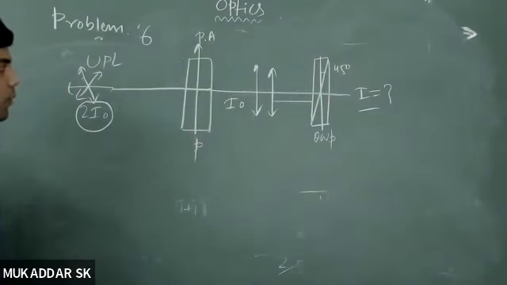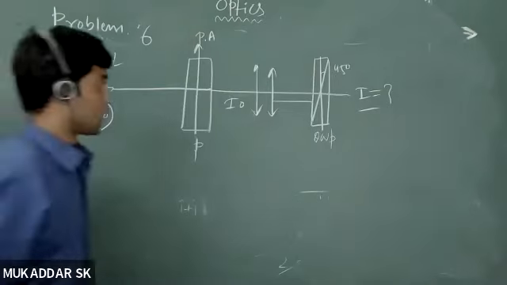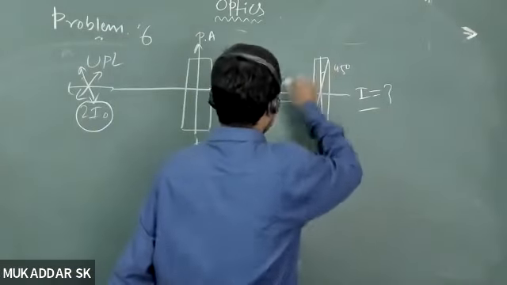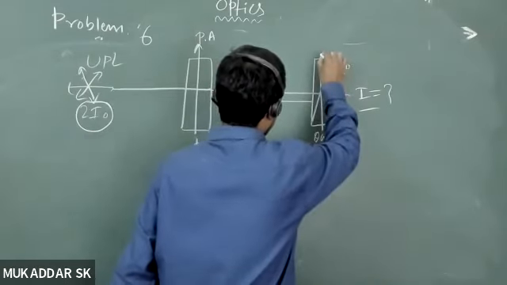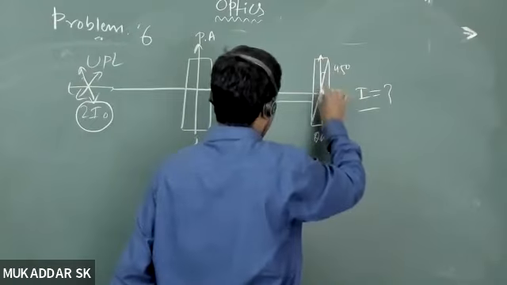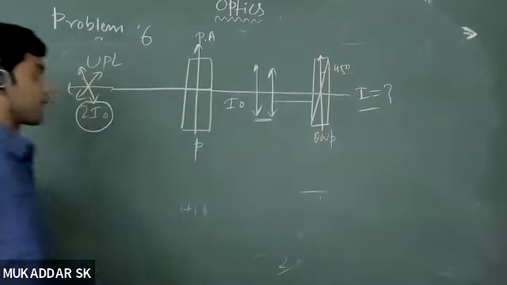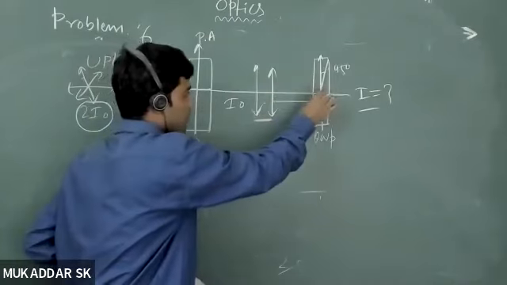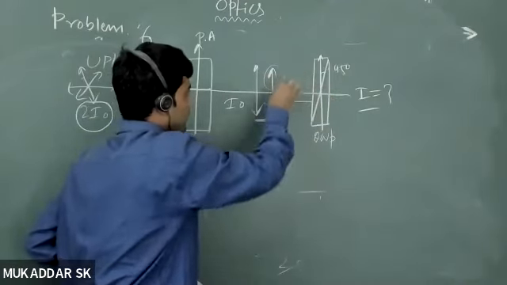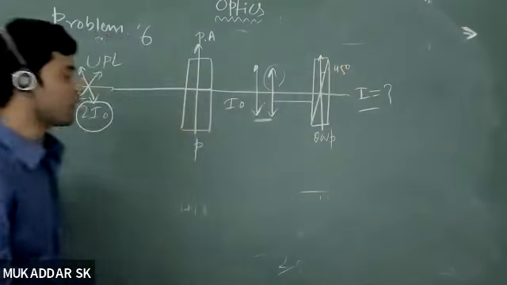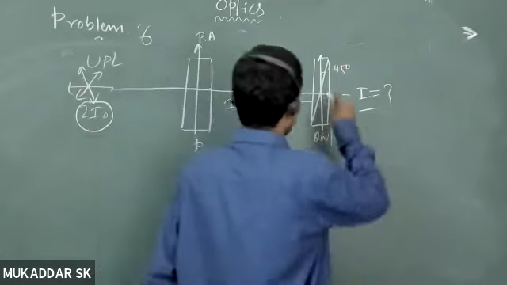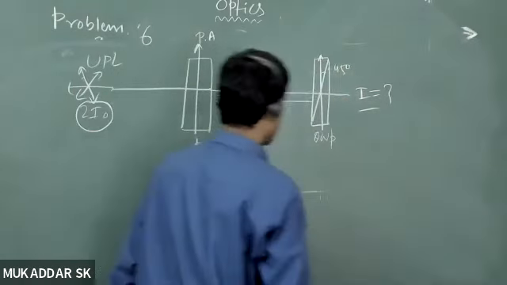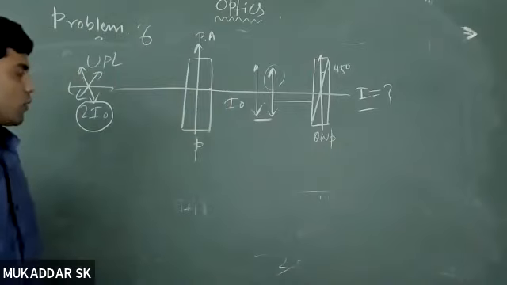Now, when this ray is incident on this quarter wave plate, what will happen? It will split into two components, right? If you see carefully, the angle between the direction of the electric field oscillation of the incident ray and the optic axis is 45 degrees. The quarter wave plate is nothing but a double refracting crystal, so it will split into two rays.